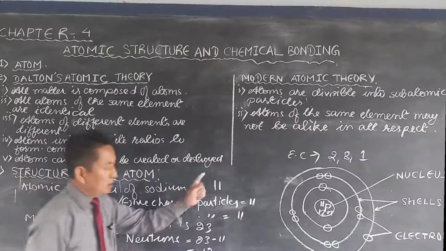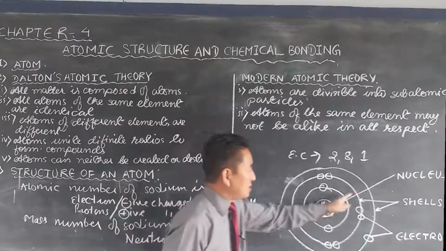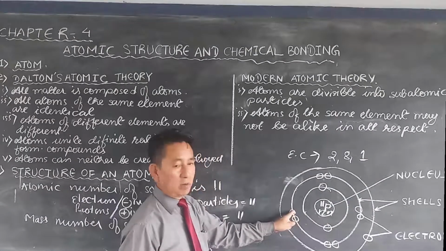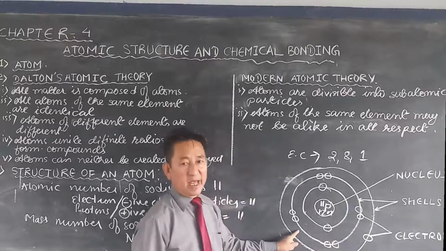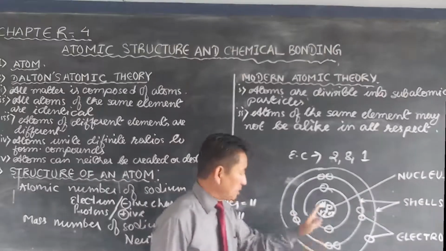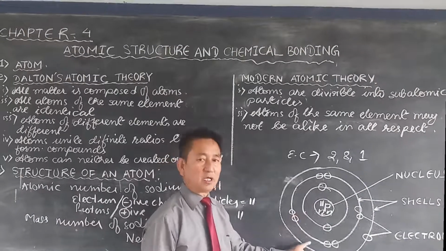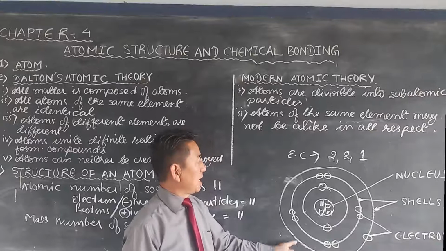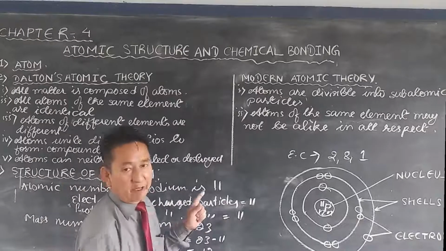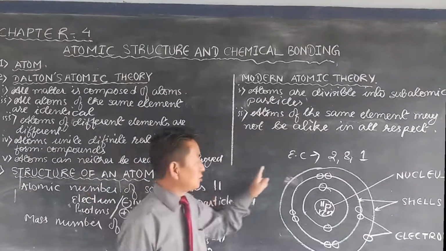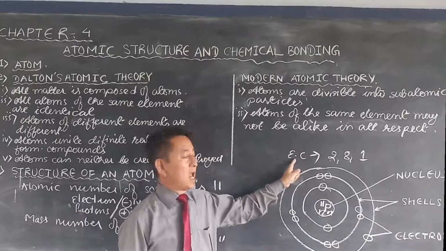As you can see here, the nucleus is the central part of an atom. Electrons are found in the orbits or cells, and these orbits or cells are the imaginary part of an atom. This atomic number is very, very important because it gives the electronic configuration of an atom.